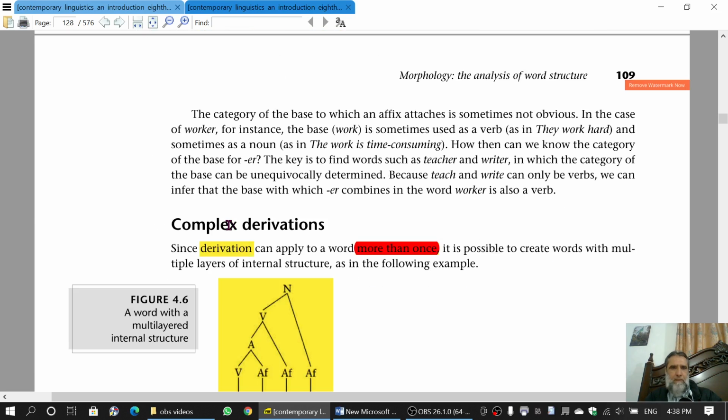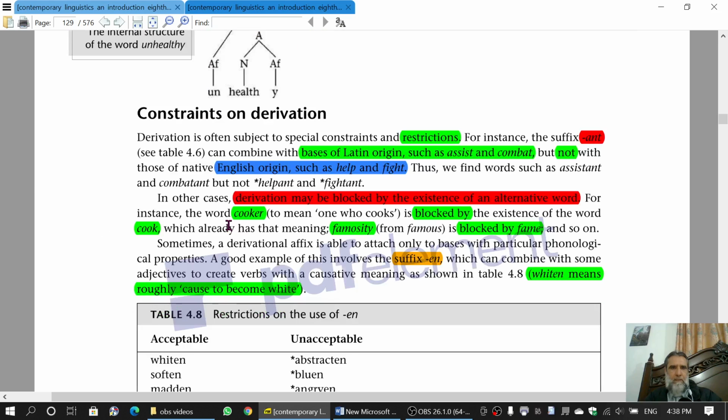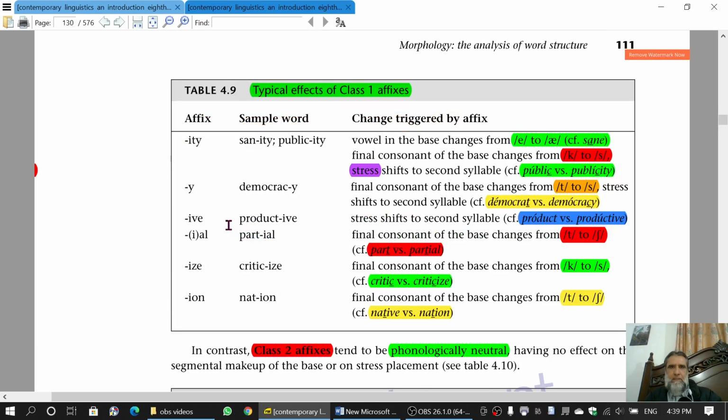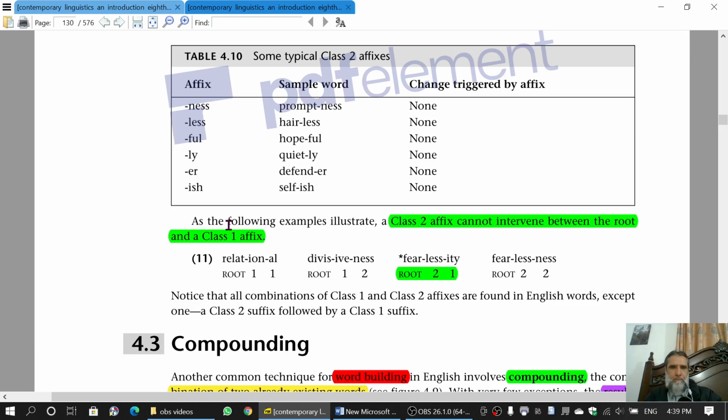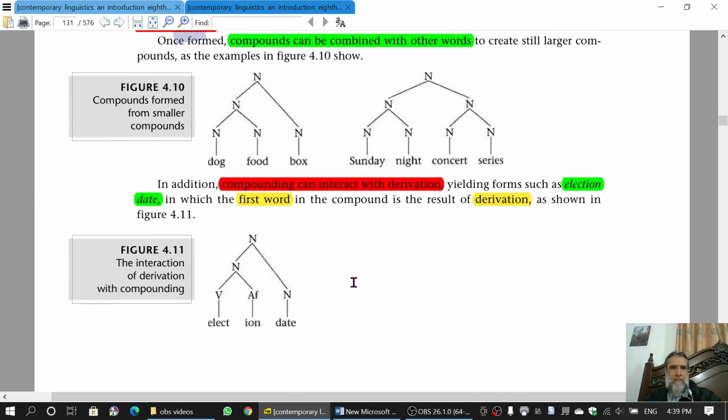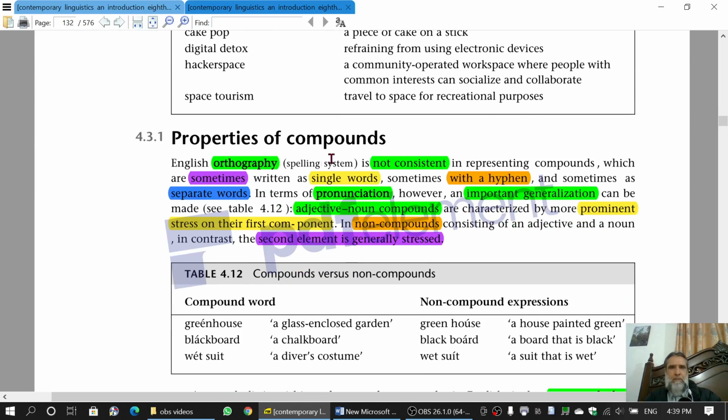These were some of the affixes. Some complex derivations were also discussed, constraints on derivation, and then the two classes of derivational affixes, class 1 affixes and class 2 affixes. Class 1 affixes change the pronunciations of those words with which they are attached. Class 2 don't. Then we discussed compounding, by which we meant that it is a combination of two already existing words. And now comes the properties of compounds.